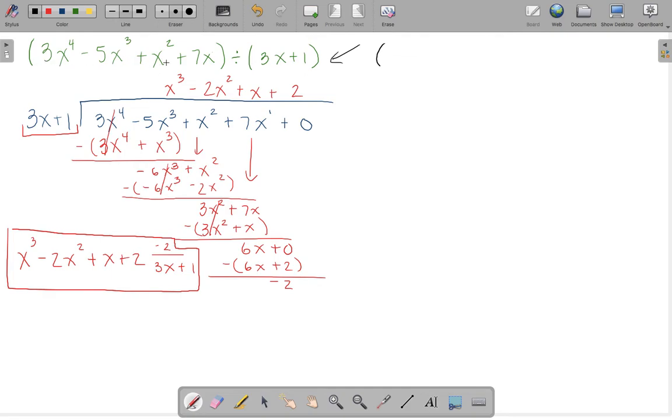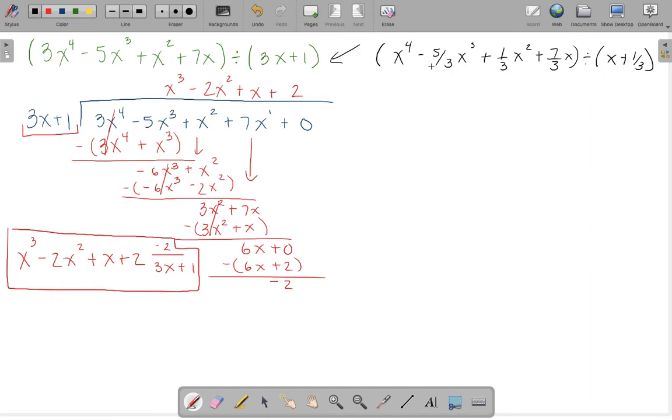So just imagine I'm dividing this entire polynomial and this polynomial by 3, and the outcome would be x to the 4th minus 5/3 x to the 3rd plus 1/3 x squared plus 7/3 x divided now by x plus 1/3. So scary as this looks, this is now a binomial with a leading coefficient of 1, which is what I wanted.